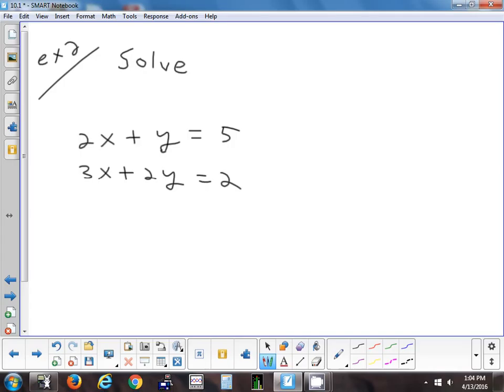So what would we do to get rid of x using equations 1 and 3? Multiply equation 3 by negative 2. Yep. We're going to take equation 3, multiply it by negative 2, and add that to the first equation. So let's take equation 1.